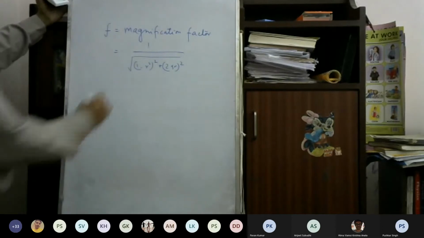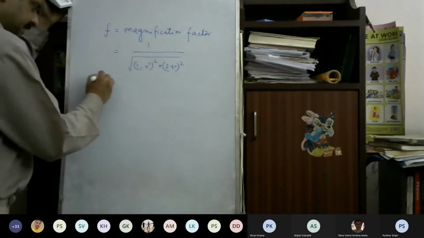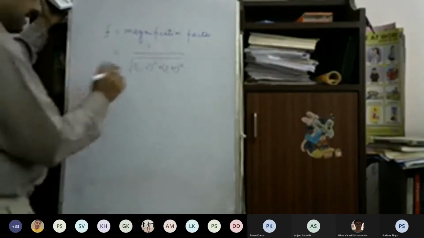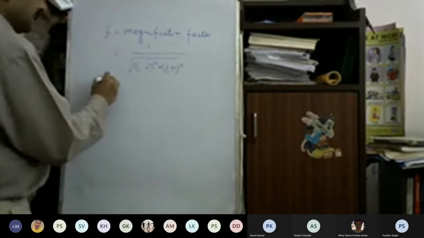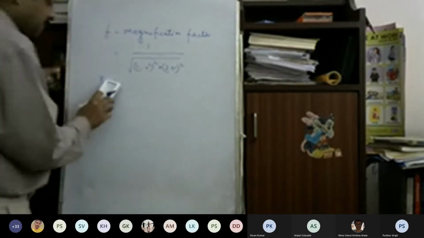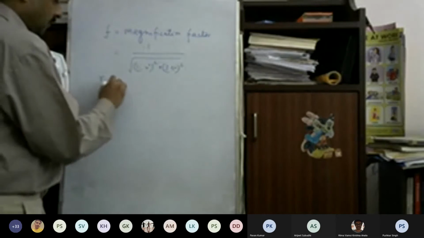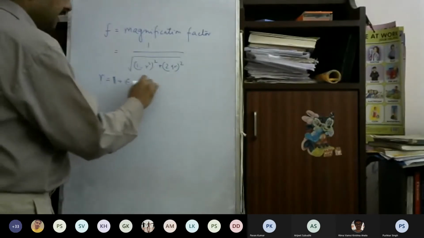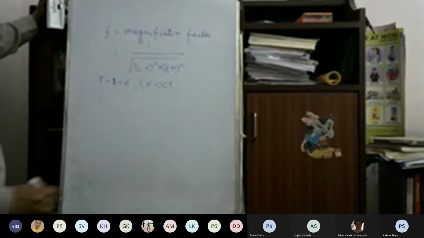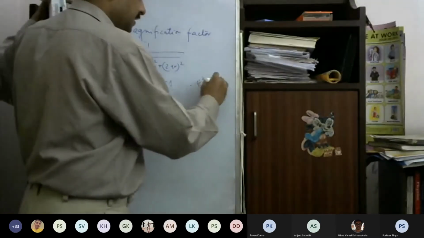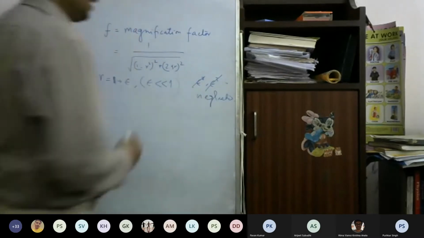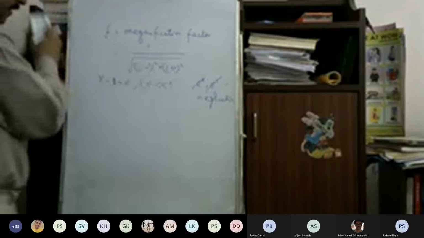Now, looking near resonance, assuming that zeta is very small, when r is approximately equal to 1, I consider r equal to 1 plus epsilon, where epsilon is a very small quantity, such that epsilon square, epsilon cube, and all these terms are neglected.